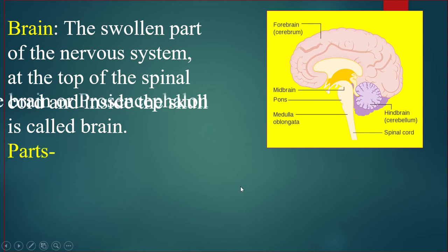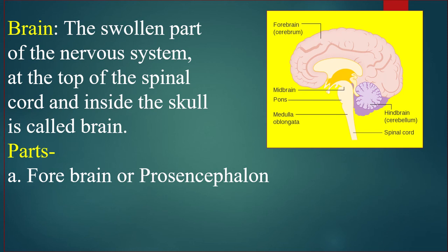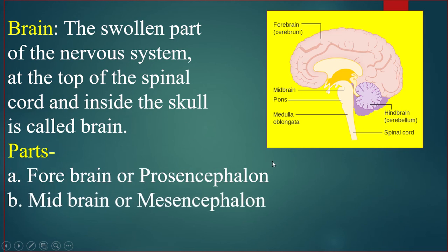Parts of brain. Number 1, forebrain or prosencephalon. Most of the part of the human brain consists of forebrain. This total part is forebrain. Number 2, midbrain or mesencephalon.